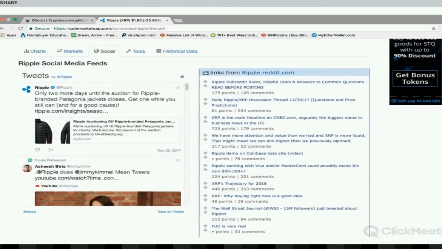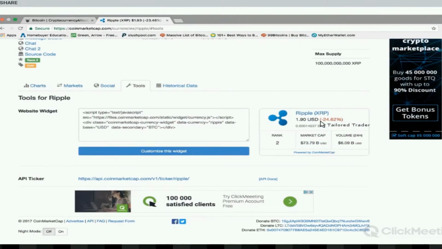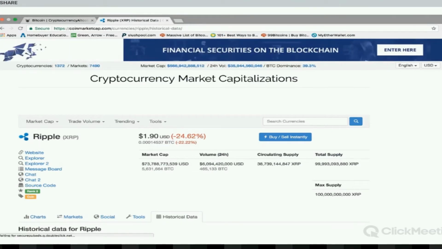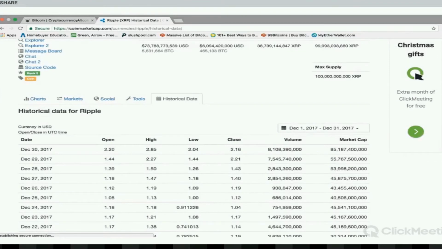There are tools, and this is a widget. If you have a website, you can copy the code and put it on your website. Historical data. This is the historical price data and volume and close, low, all that good information here.